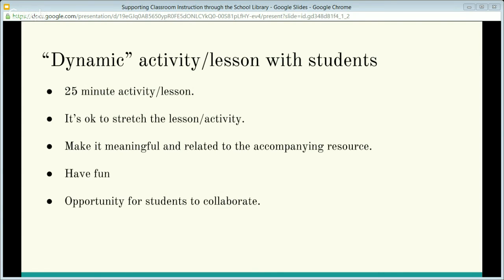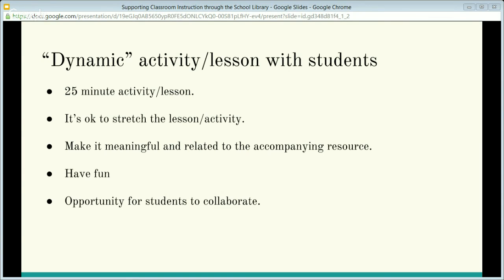And then that takes me into the third point, which is make it meaningful and related to the accompanying resource. So like I used sea life as an example. If they're doing sea life in the classroom, well, you need to engage that student. That should be what you're sharing with them. Because remember, we're talking about supporting classroom instruction.